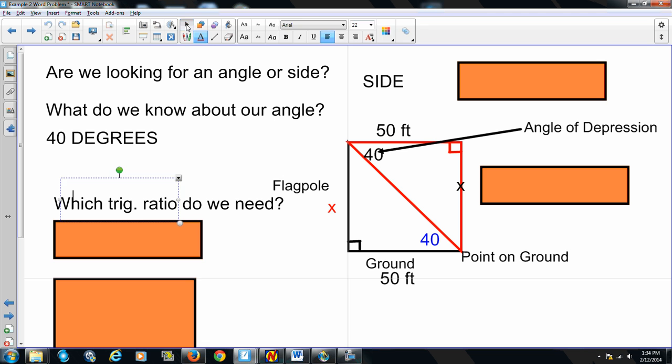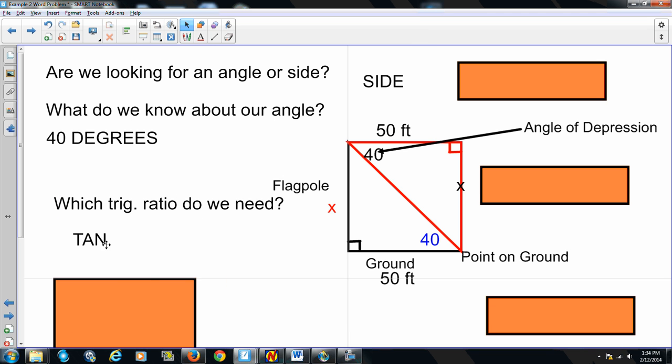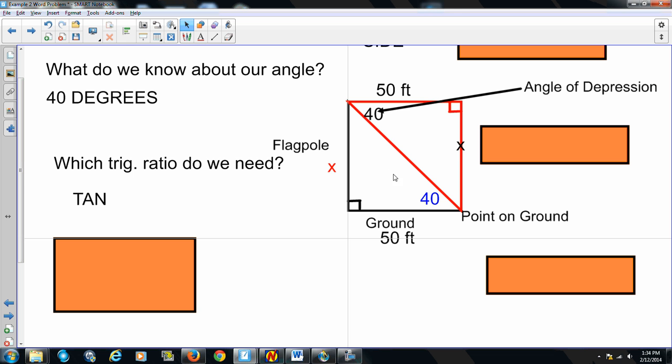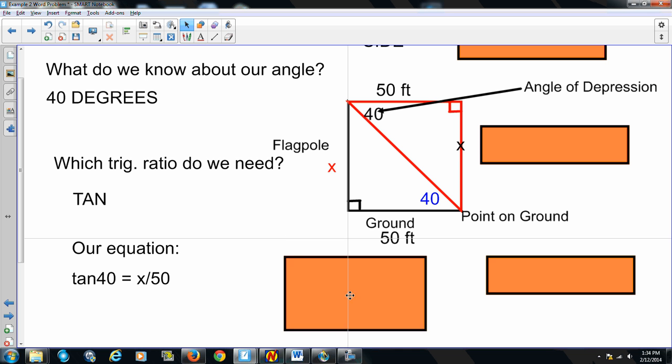That would be the tan function. We have opposite over adjacent regardless of which angle we use. So our equation is going to look like tan of 40 degrees is equal to the opposite, x, over 50 feet.